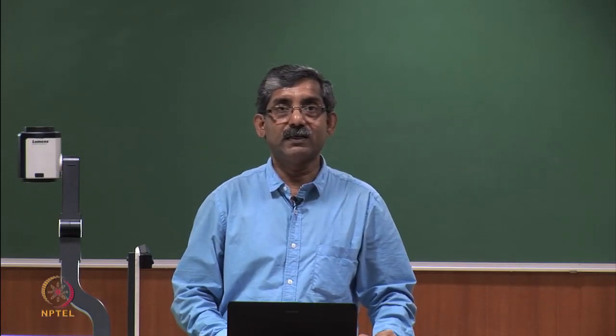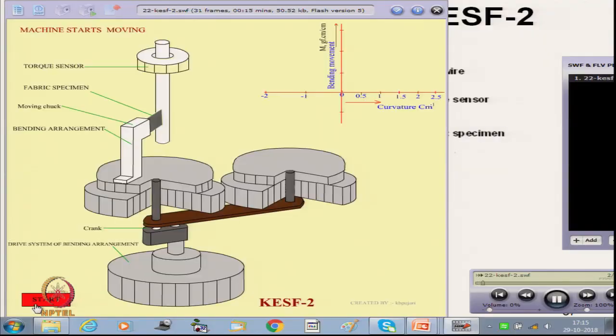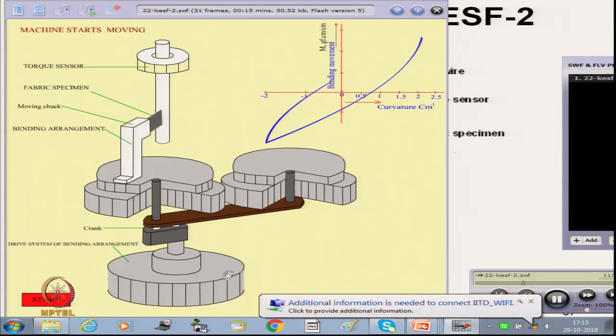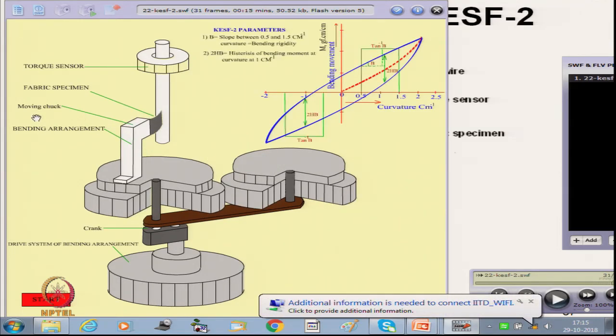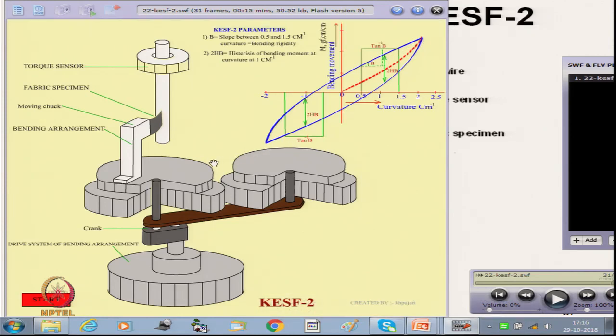If you see the animation here, the bending system rotates in one direction and again it comes back to the other direction, and this is the bending hysteresis curve.